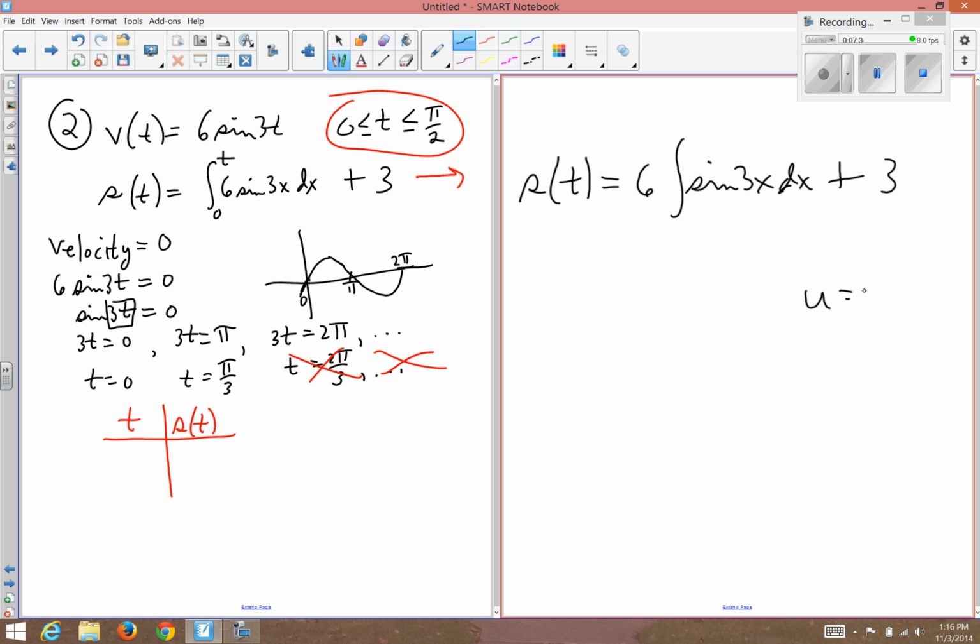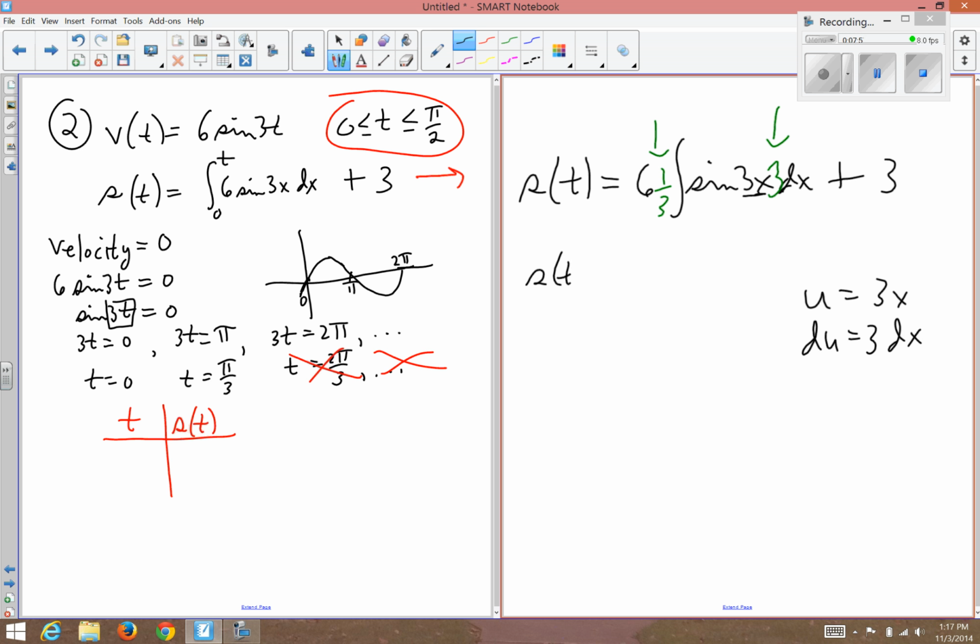If we let u equal 3x, then du would equal 3 dx. So I wish this said 3 dx. There we go, 3 dx. That means 1/3 has to be out here. Putting in a 3 there and a 1/3 there.